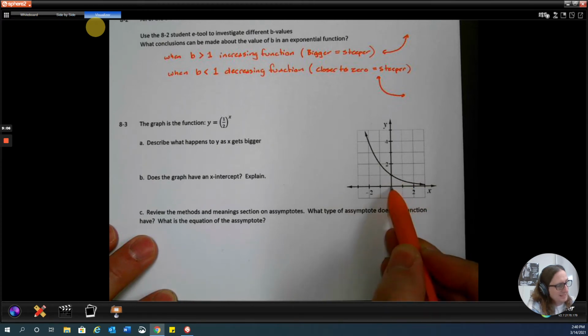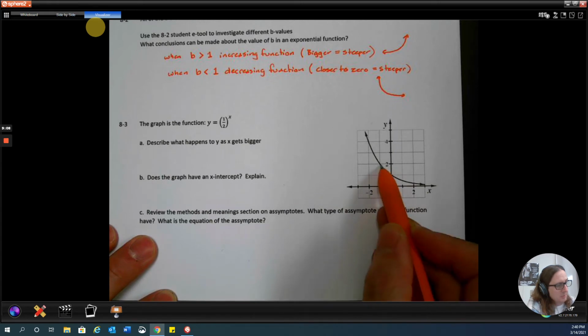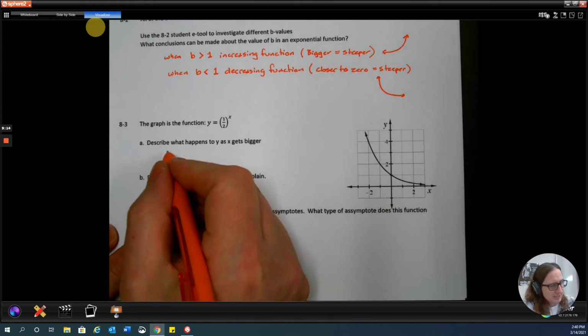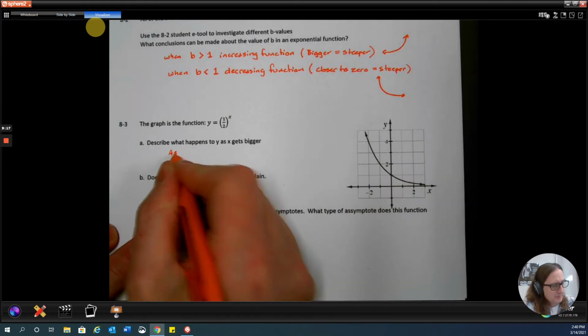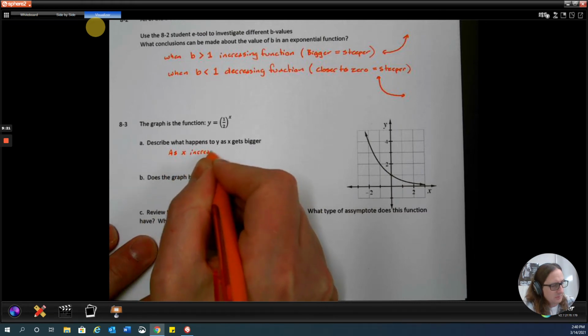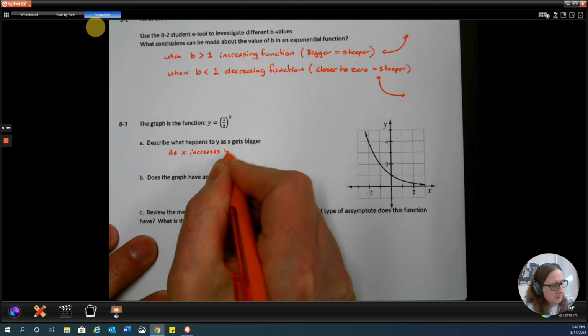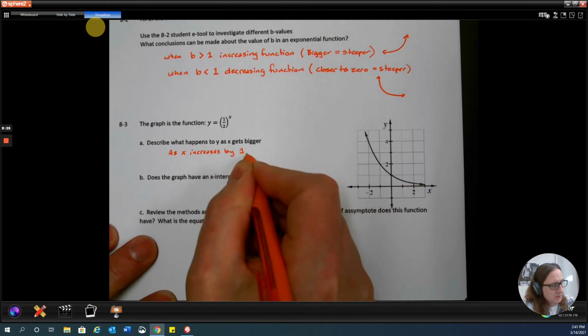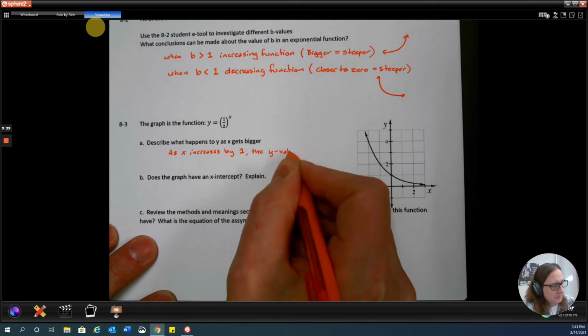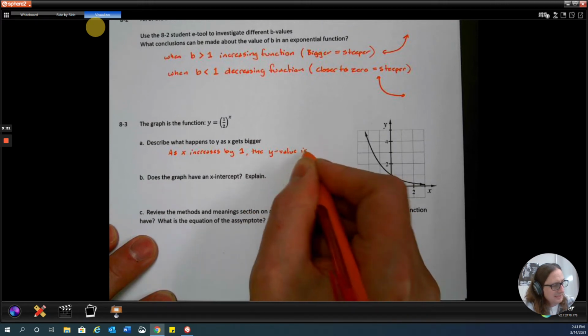If I go back the other way, it looks like it doubles going backwards. So what we can see here is that as x increases by 1, the y value is halved.